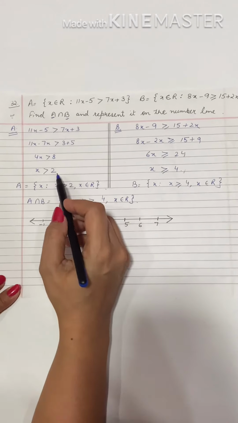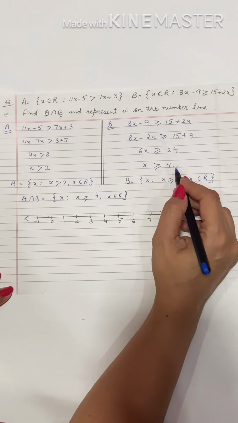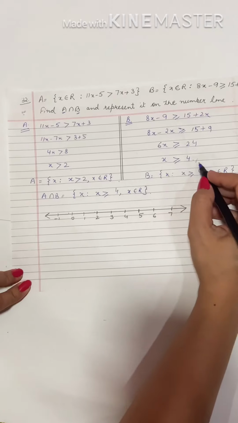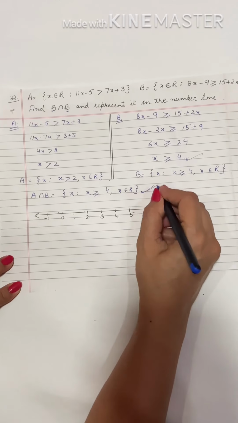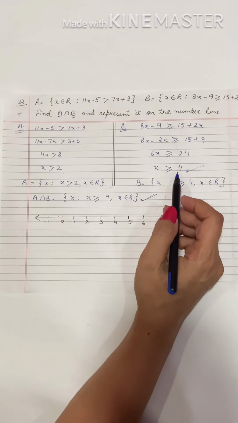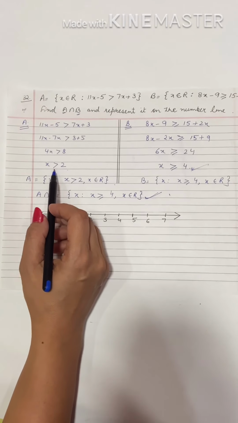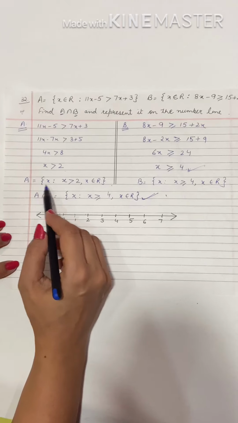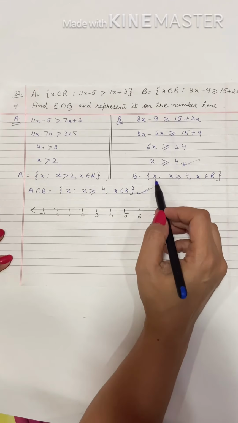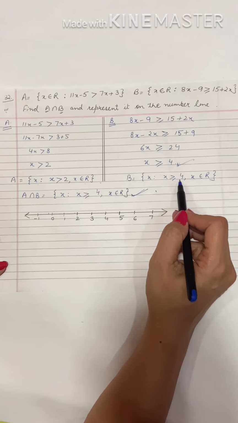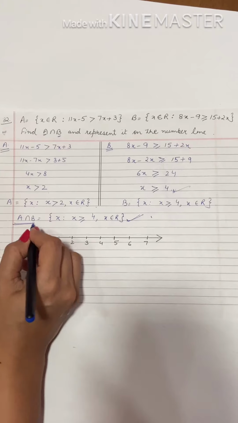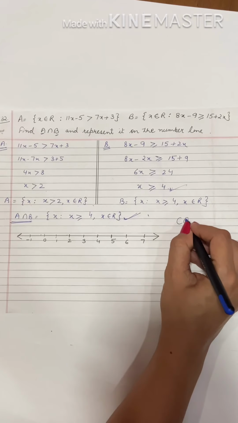Now again, one is x is greater than 2, the other one is x is greater than or equal to 4. So in this case, the common solution we will be finding is x greater than or equal to 4, because if we are taking any number which is greater than or equal to 4, definitely it will be greater than 2. So I have written here A is x such that x is greater than 2 and x belongs to R. B is x greater than or equal to 4 and x belongs to R. Now we have to take A intersection B. Intersection means common.